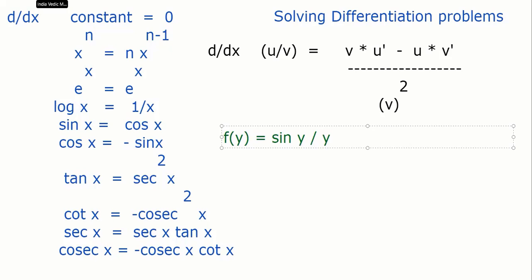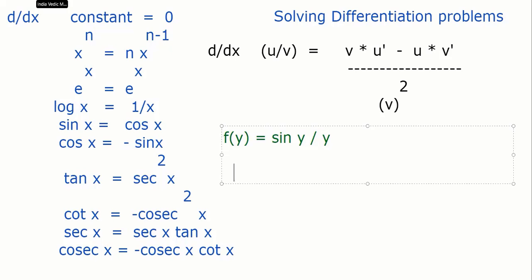Just to make it simple, sin y by y. I have to differentiate this function. We can use the product rule also, but I'm going to tell you the quotient rule. This is u, this is v.